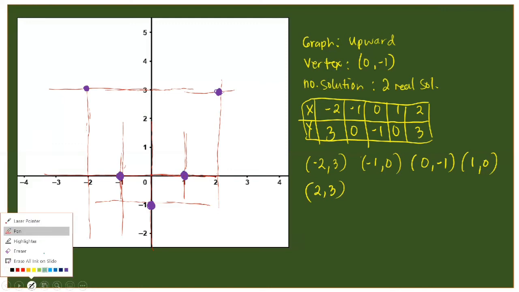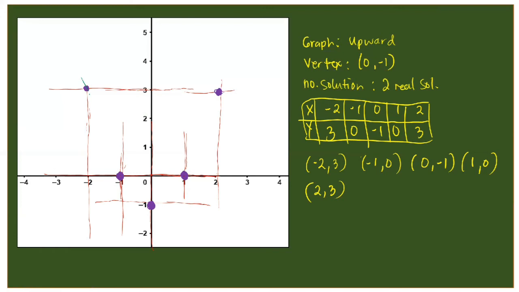So, from here to the vertex, ayan. So, we can see that the parabola opens upward and the vertex is the intersection, so this is the vertex, intersection of our parabola or two lines, which is 0 and negative 1, which is ito yung ating vertex, correct?